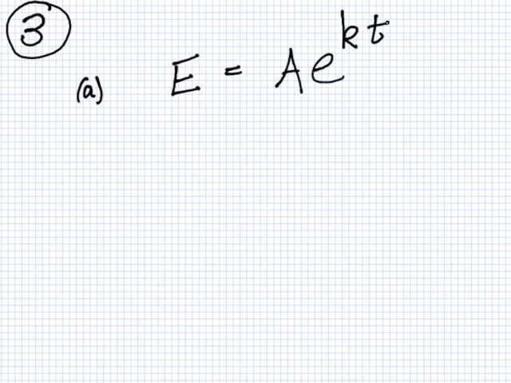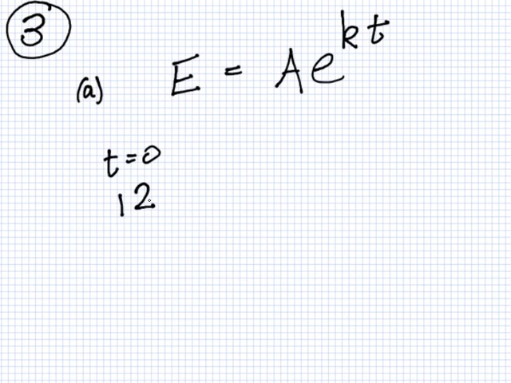Does anyone need a little bit of help to get started? Just to give you a hint in case you're stuck: in part A, you can say that the energy used by the town is exponential. That means you can write it in this form, A E^(KT). At the beginning of the year, it's using 12 megawatts per day, but the unit's not important.